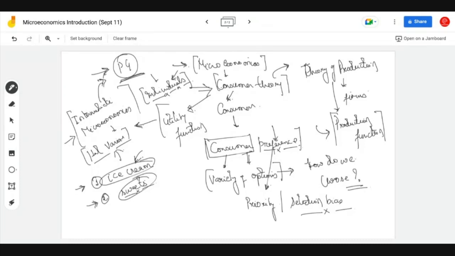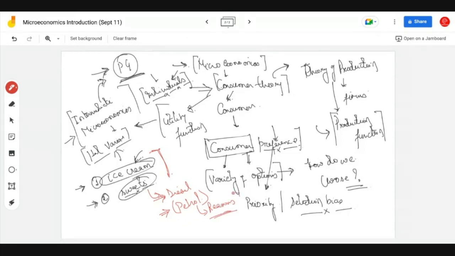This is what we can say about consumer preference. Now there are some properties of consumer preference. In the real world we find a variety of things, for example diesel and petrol. Some of us might use a diesel car, and some might choose a petrol car, and we have our own reasons.